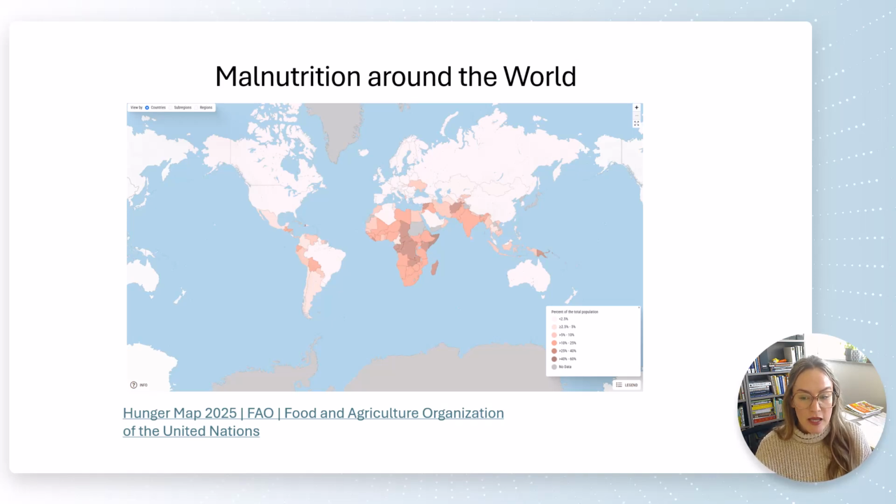There's a lot of 10 to 25% as well in the region of Africa and then some of those South Asian countries. We do see some moderate malnutrition also in South America and Latin America. So that is a snapshot of malnutrition around the world.